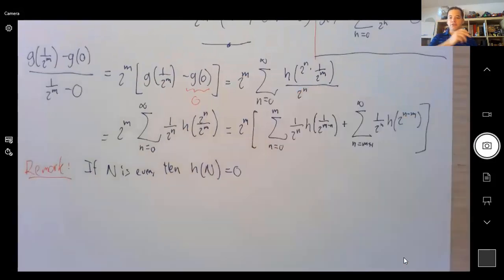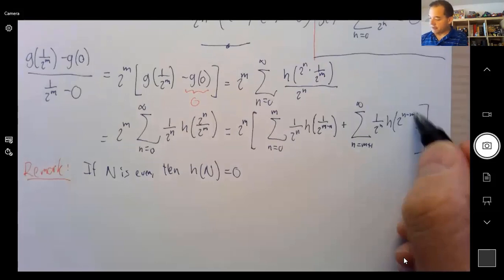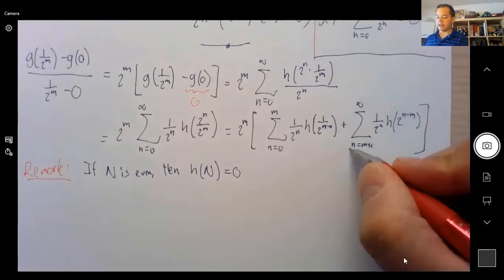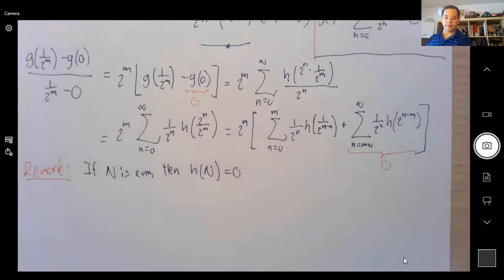Our h function goes from, all the even ones are in the bottom, that's where you get 0, and the odd ones are on the top, where you get 1. So all of these numbers are even, so this big chunk is actually 0. And that makes me happy. I can then simplify it. That's awesome.